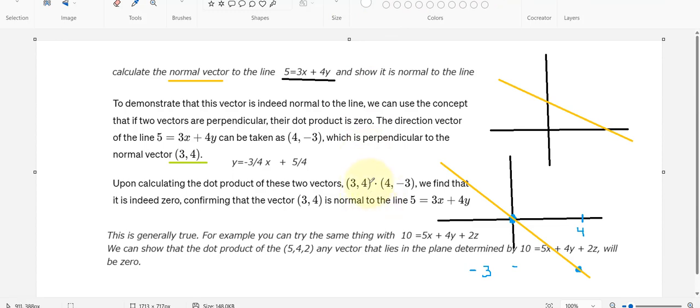And also, how about if you have not just a 2D situation like we have here, with x and y, suppose we have a 3D situation. So this, remember, is a plane. But what does 5, 4, 2 give us? If we form a vector, just like we formed the vector 3, comma 4, what happens if we form a vector 5, comma 4, comma 2?